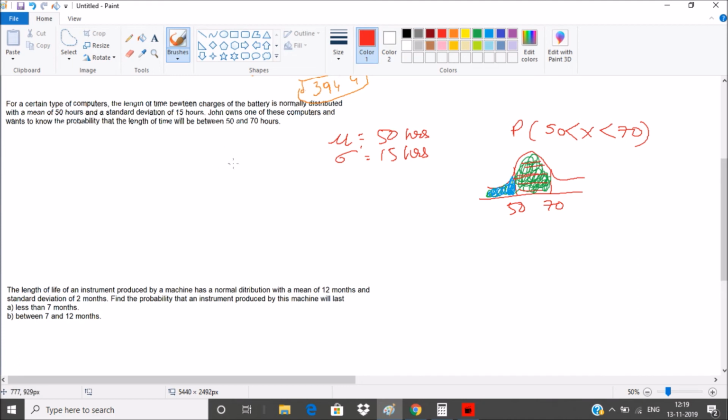So let's find out the z-score related to 70. So 70 minus 50 upon 15, which is 20 upon 15, which is 4 upon 3, which should be around 1.33.